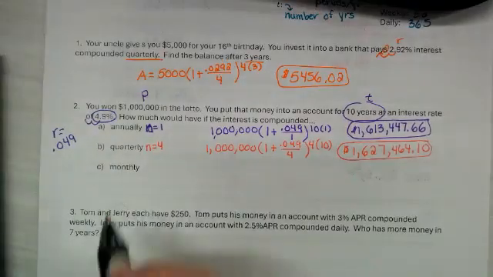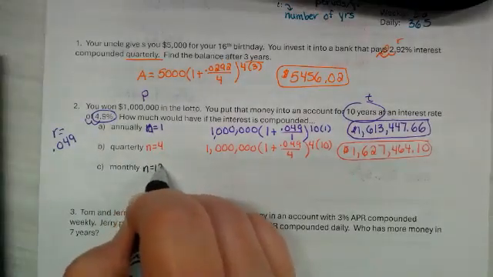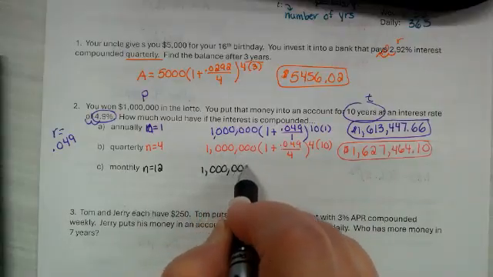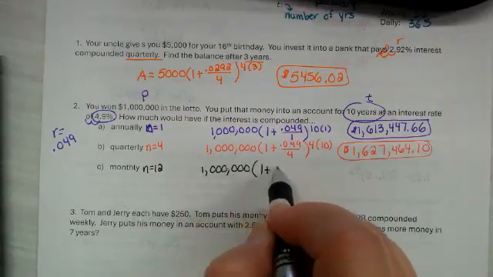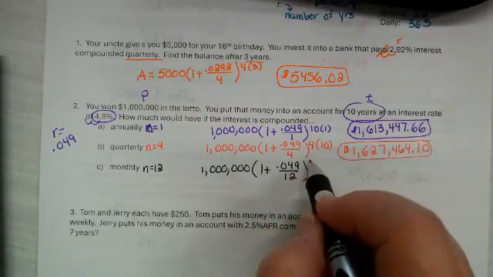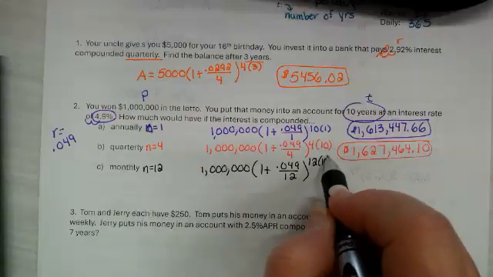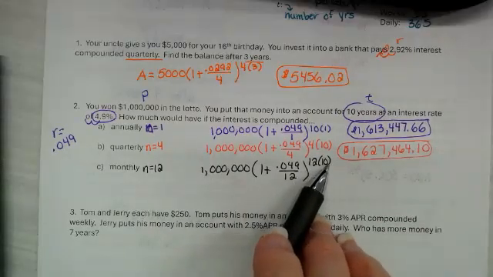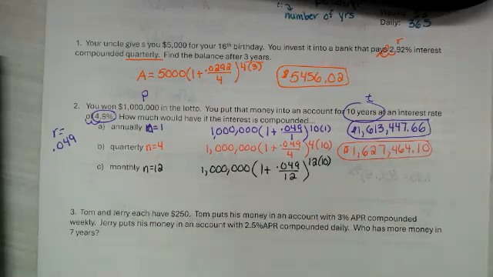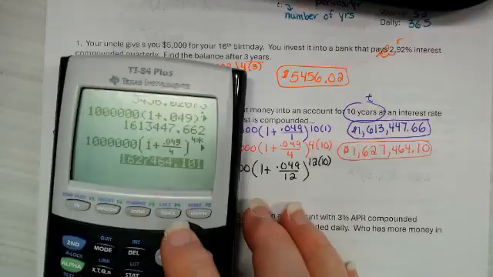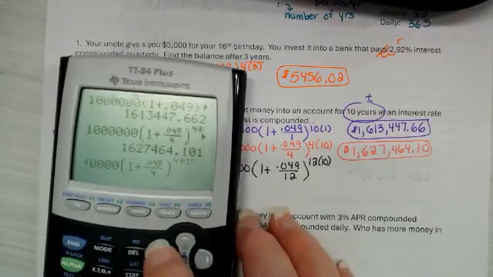Now we're going to compound it monthly. Monthly is 12 times a year. So we take our $1 million, 1 plus 0.049 over 12, and then it's 12 times 10. Because remember that exponent said N times T. 10 years, 12 times a year. So now I think I'm just going to grab that previous question and we'll just edit some numbers.